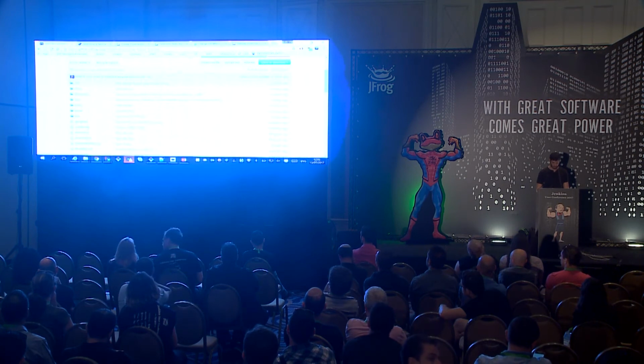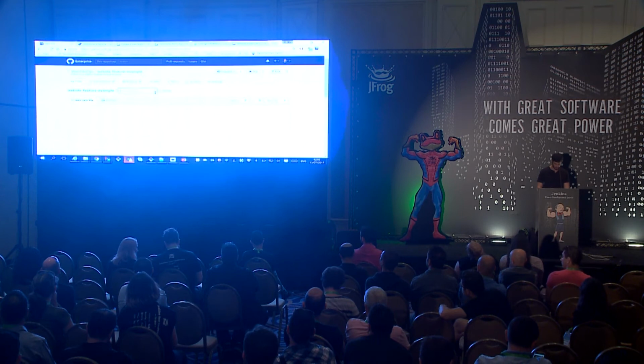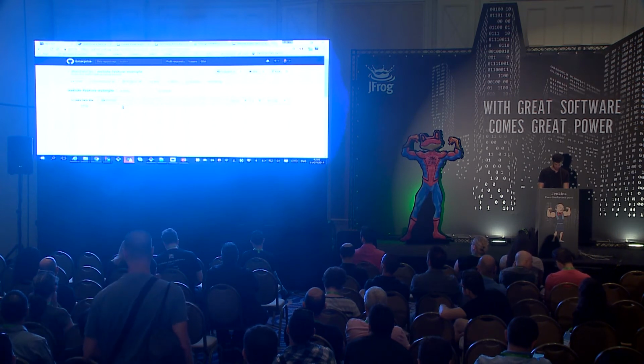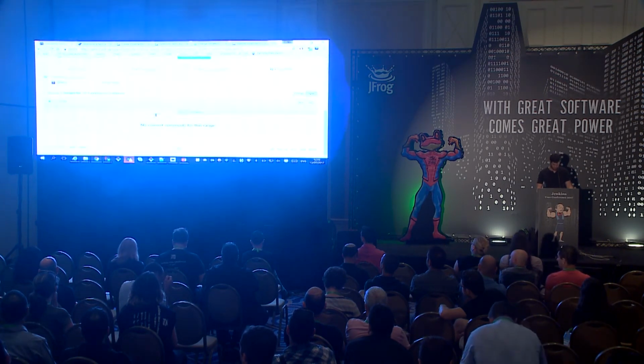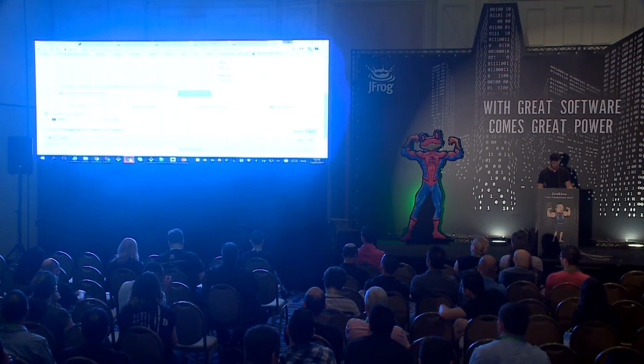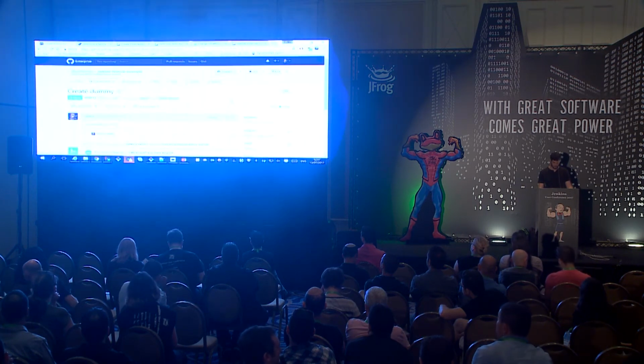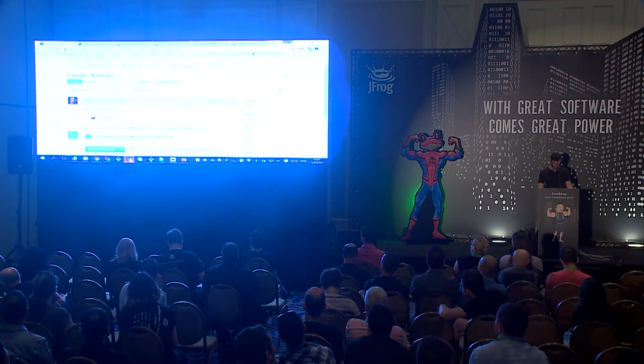So now I will just create a new pull request. I will add a new file or something. Okay, and I will create a new pull request based on this file. And here we go.